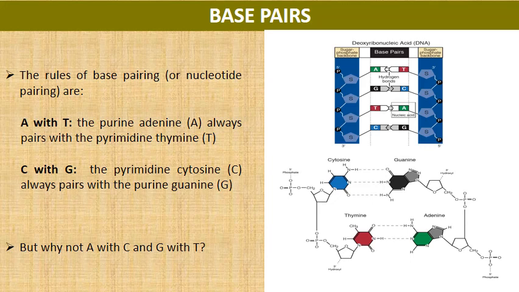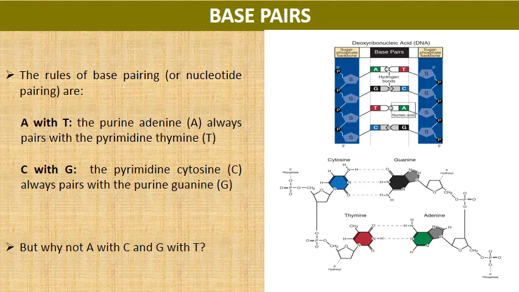A pairs with T, that is adenine pairs with thymine, and C pairs with G, that is cytosine, which is a pyrimidine, pairs with guanine, which is a purine. In both cases, the bond is formed between one purine and one pyrimidine molecule.